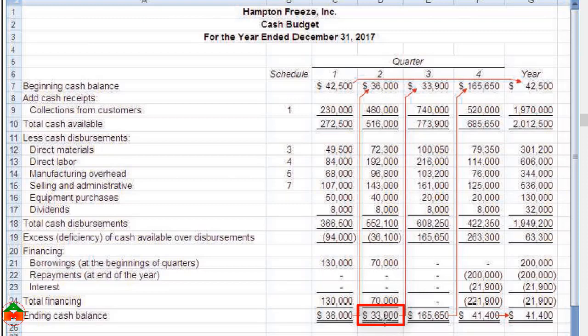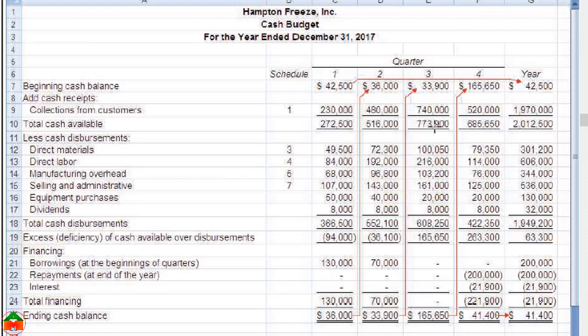This ending cash balance would be the opening cash balance for the third quarter. So our opening cash balance is 33,900. In the previous discussion, we have shown that our cash collection in the third quarter is 740,000. These amounts are taken from the expected cash collections.